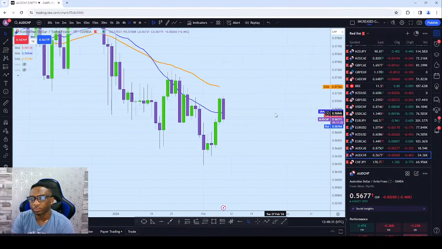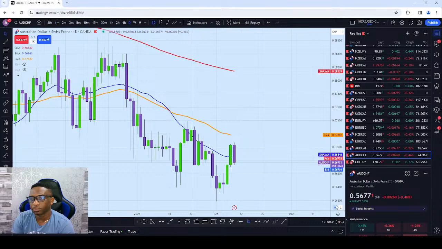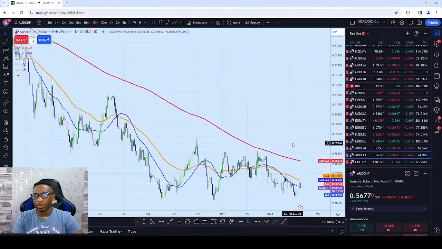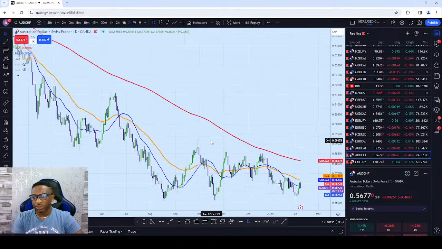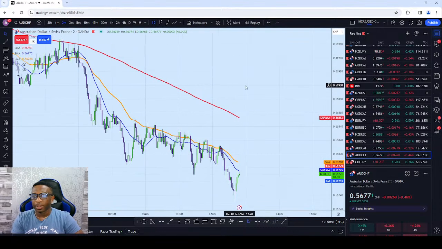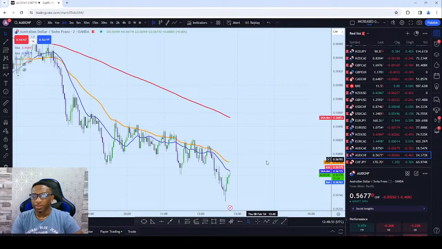So let's see the daily. So the main trend is a downtrend. It is a downtrend. So it's looking to be a strong downtrend.